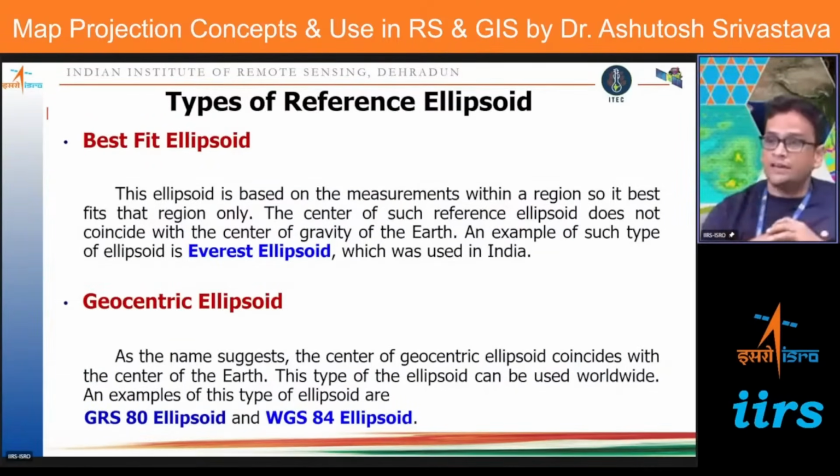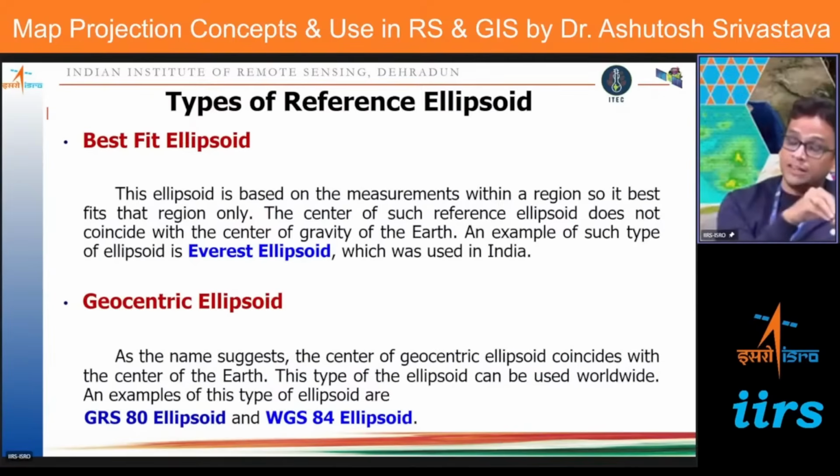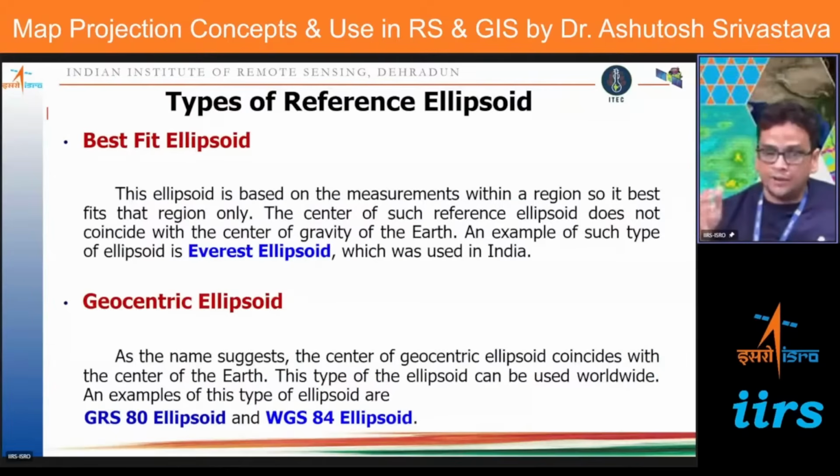But in today's time, we have a geocentric ellipsoid, meaning the center of that ellipsoid will coincide with the center of the Earth. So today we have the WGS 84 and GRS 80 ellipsoids, which were developed in recent times, and globally we are using these ellipsoids.